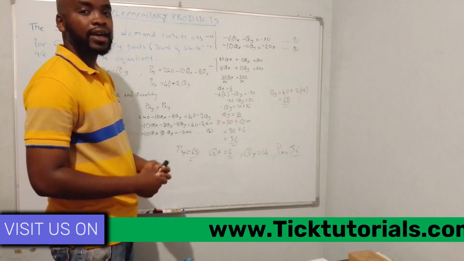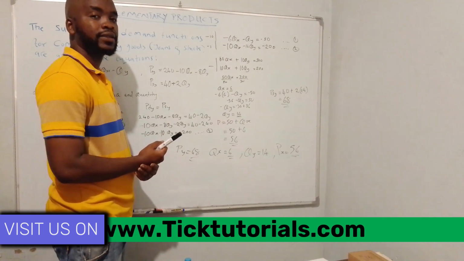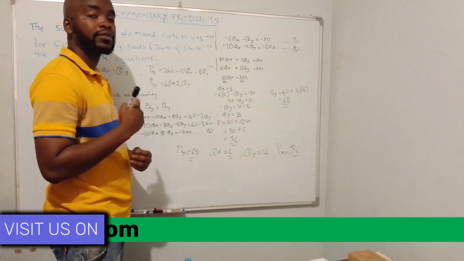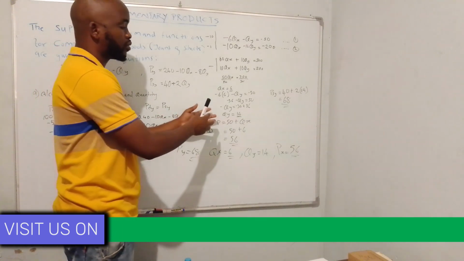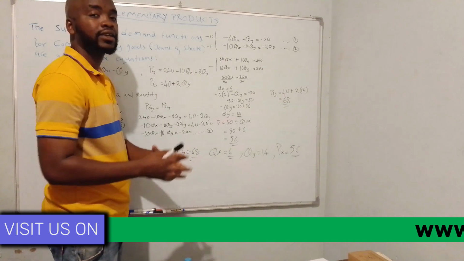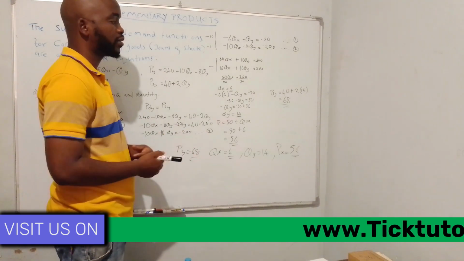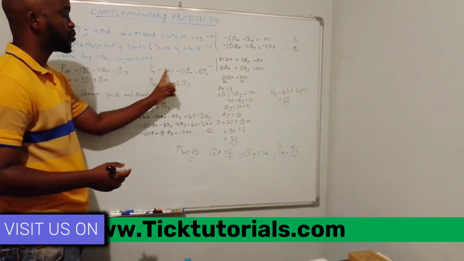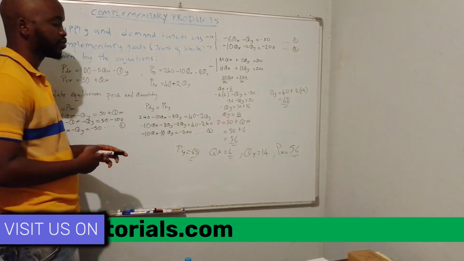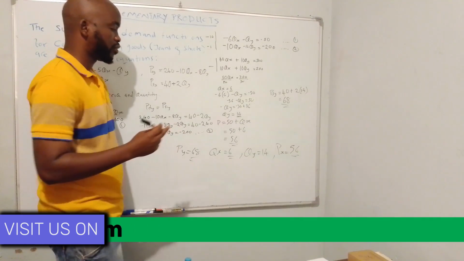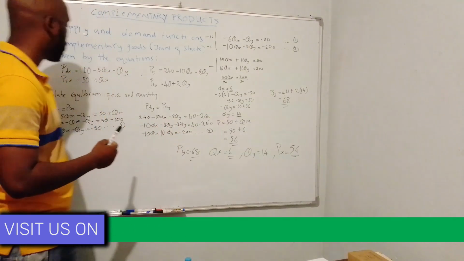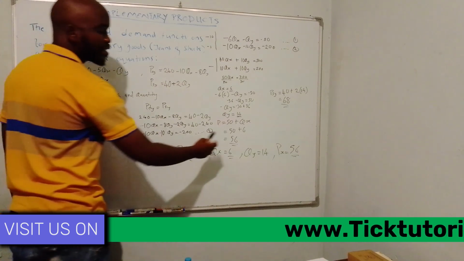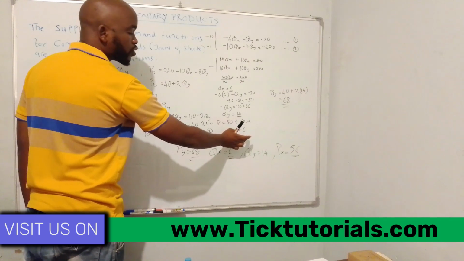Now to get the other two variables that we need, px and py, we take what we've calculated so far and plug the values of qy and qx into the supply function. So for the value of px, I took the supply function for px and put in the value of qx.